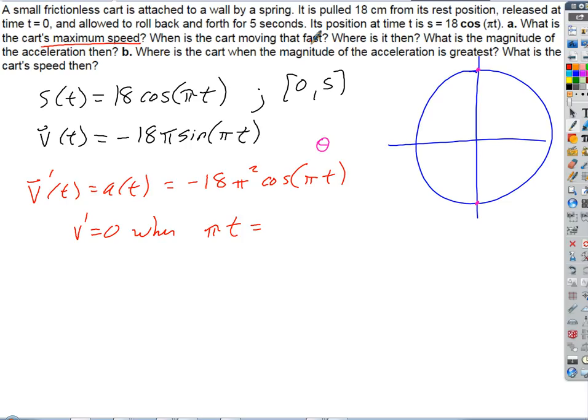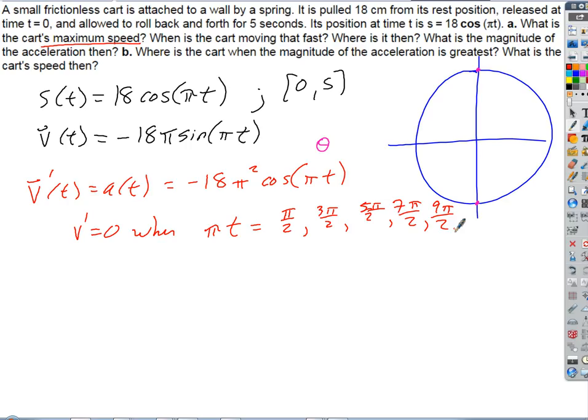Yeah, because the domain goes from 0 to 5, right? So this is going to be true when pi t equals pi halves, 3 pi halves, 5 halves pi, 7 halves pi, or 9 halves pi.